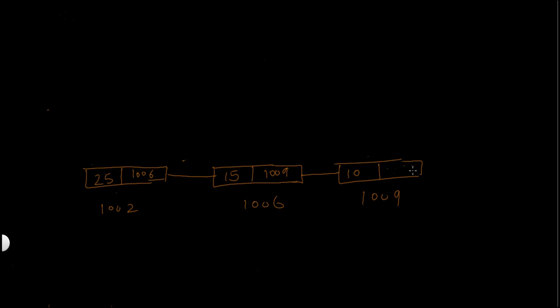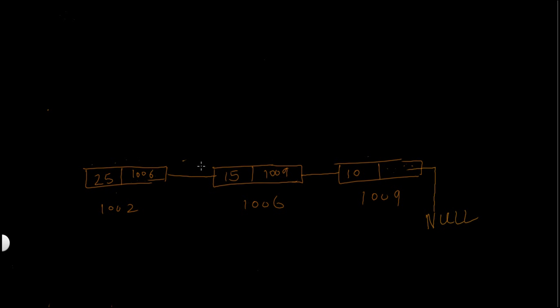In this case, the link part of the last node will contain null. Null means nothing. So always remember that the link part of the last node contains null because it doesn't have any next node.